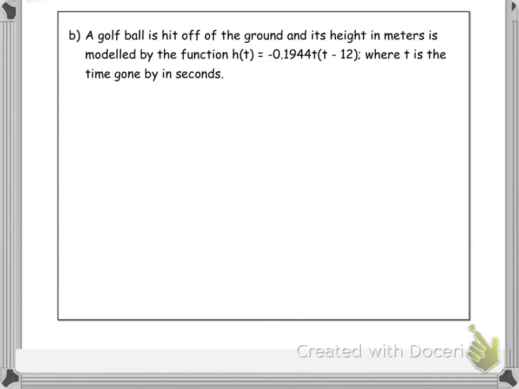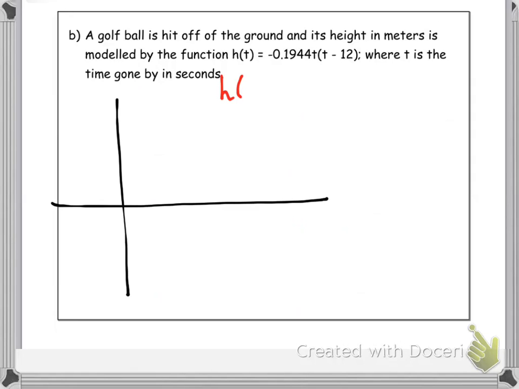So, a golf ball is hit off the ground and its height in meters is modeled by the function, where t is the time gone by in seconds. So, golf ball. Well, this is the same as saying h at t equals -0.1944 times t minus 0 times t minus 12.